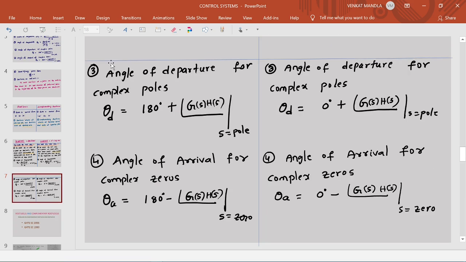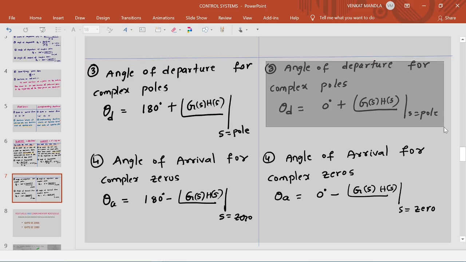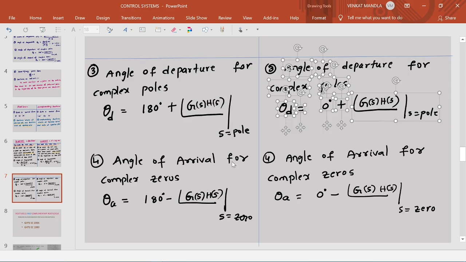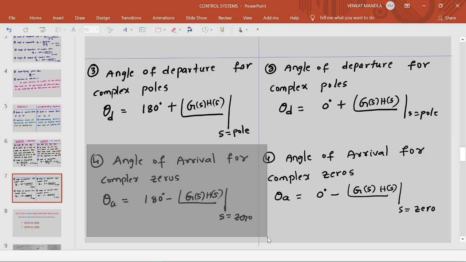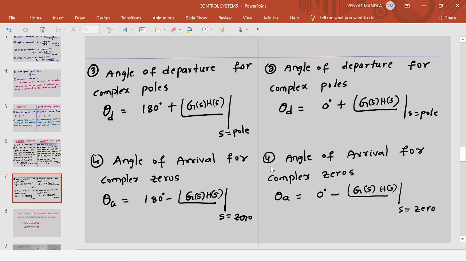The angle of departure: in this case it is 180 plus angle of G(s)H(s) at s equal to the pole. In place of 180, we have to substitute 0. Similarly, for the angle of arrival, in place of 180, we have to substitute 0. That's it: angle of departure and angle of arrival.